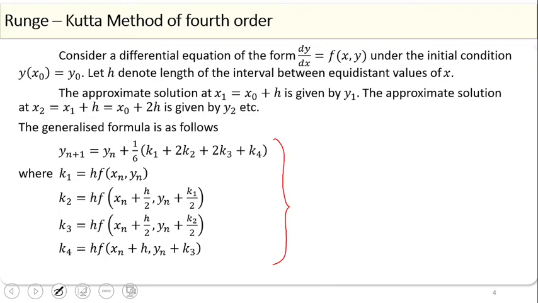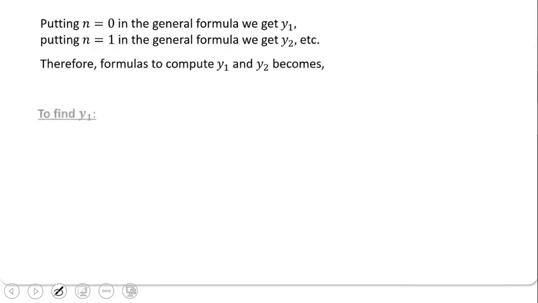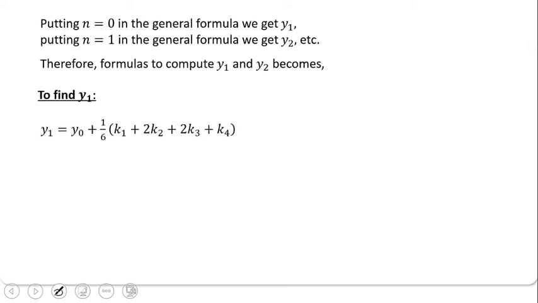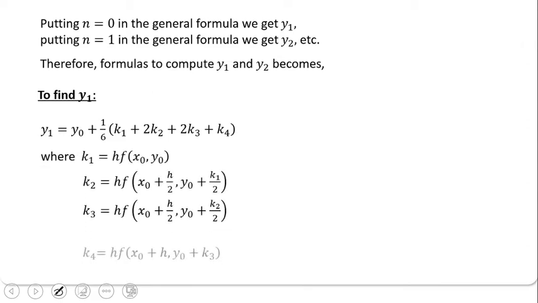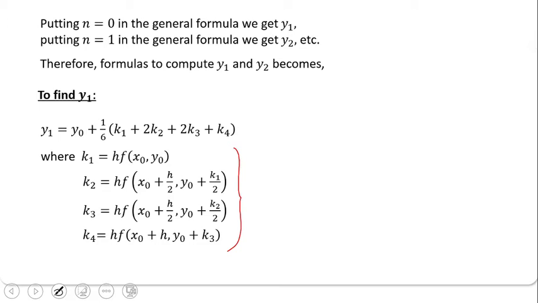If we put n is equal to 0 here, we get y1, which is the first approximation, and if we put n is equal to 1 here, we get y2, which is the second approximation, etc. So, from Runge-Kutta method of 4th order, the formula for y1 is y0 plus 1 by 6 times of k1 plus 2k2 plus 2k3 plus k4, where k1, k2, k3 and k4 are in terms of x0 and y0.